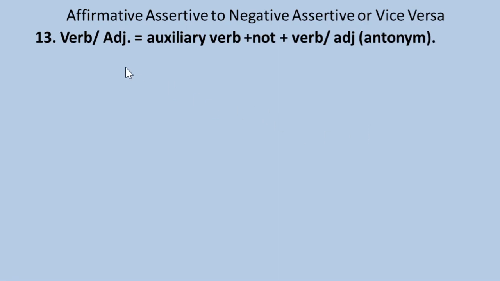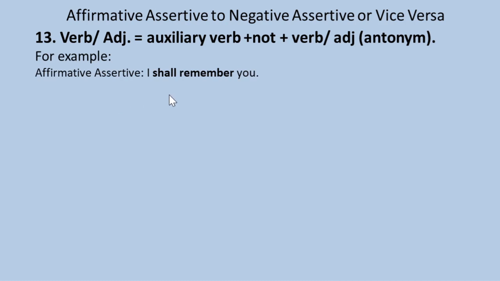Number 13: verb or adjective. If the keyword of a sentence is a verb or an adjective, we use auxiliary verb, not, and the antonym of the verb or adjective, or the opposite of the verb or adjective. For example, affirmative assertive: I shall remember you. Negative assertive: I shall not forget you.